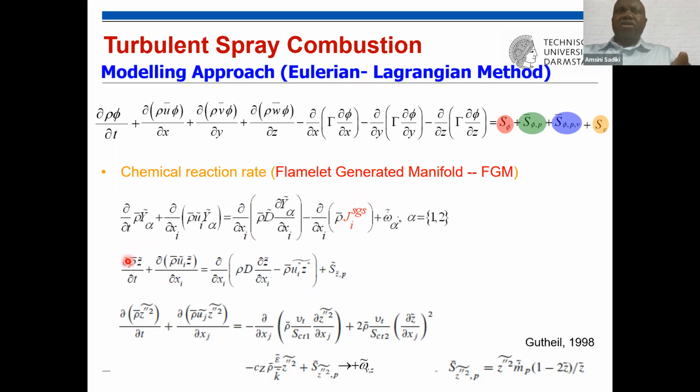We have the mixture fraction equation. And we can also have the variance equation, because we would like to provide a model for the turbulent chemistry interaction. In this case, we consider a presumed PDF in which we need the variance of the mixture fraction. And here we see that the mixture fraction is no more a conservative quantity.